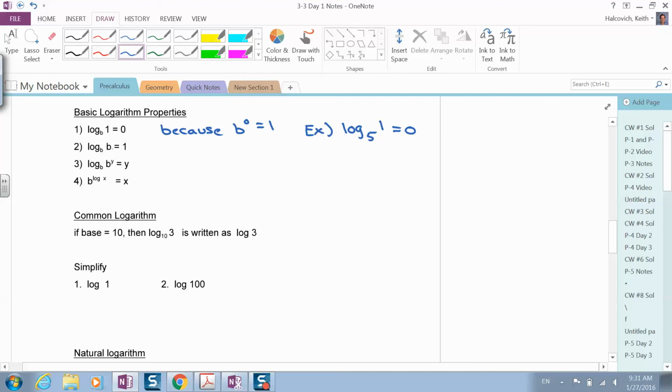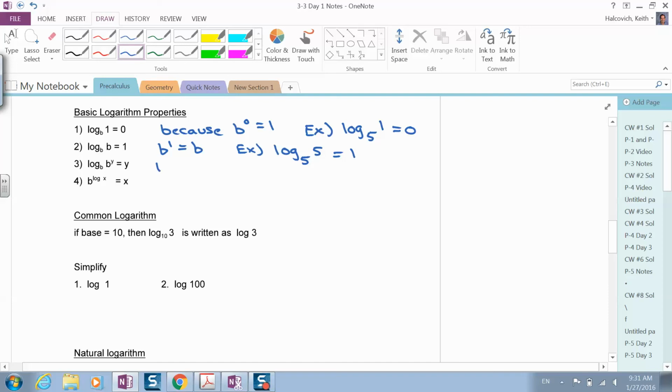Whenever the base and the answer are the same, because think about it, b to the first is just going to equal b. So for example, log base 5 of 5, that's just going to equal 1, because 5 to the first is equal to 5.